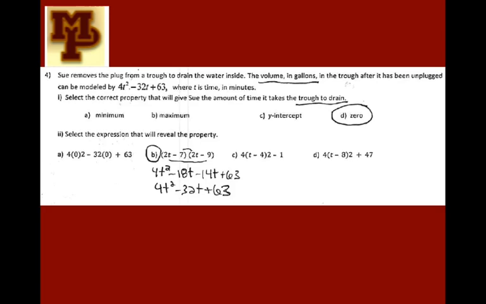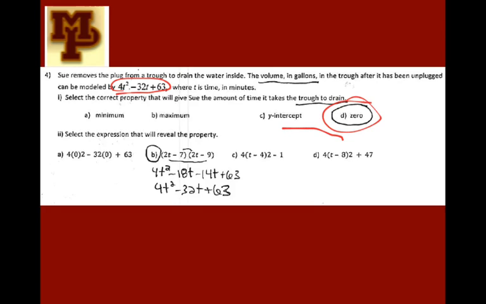Okay, this one, we're looking for, this function represents the volume. And it asks which one would give you how long it takes for the trough to drain. So if it drained, then it would have 0 volume. So I'd be looking for the zero of the function. And if it was in factored form, it'd work out really well.